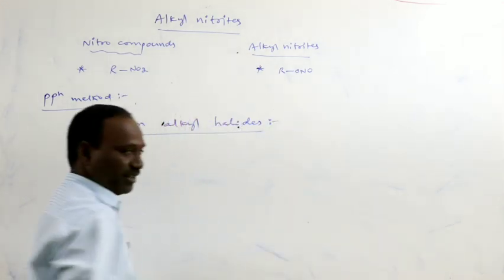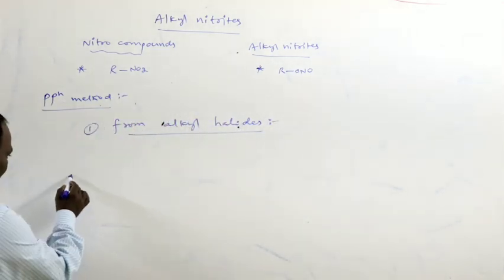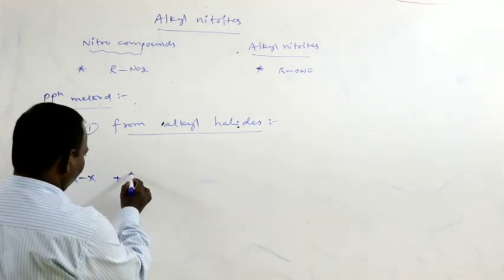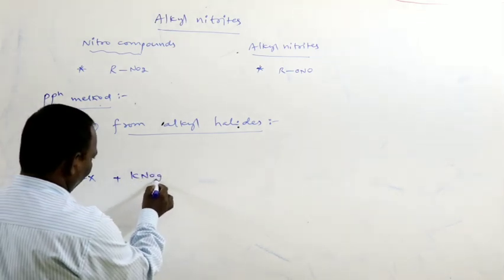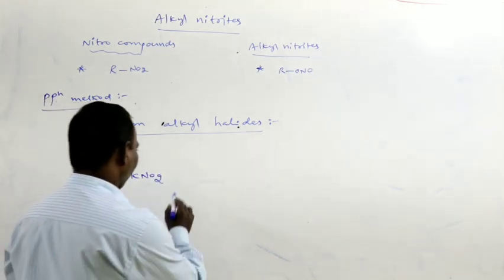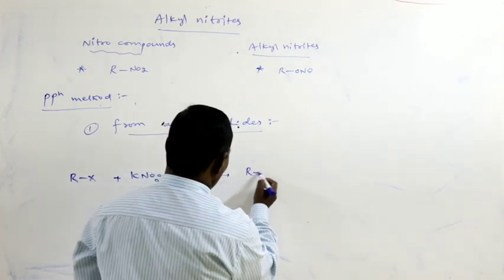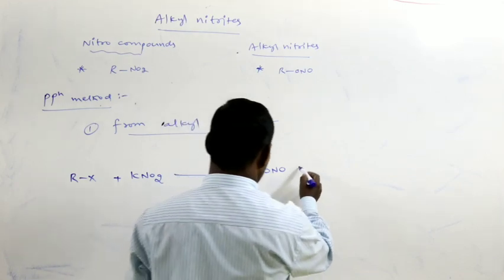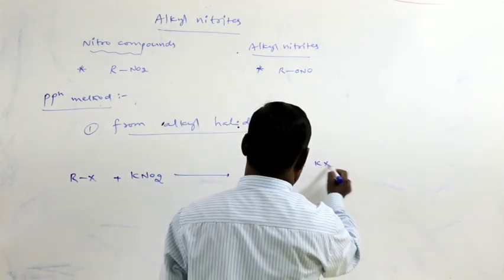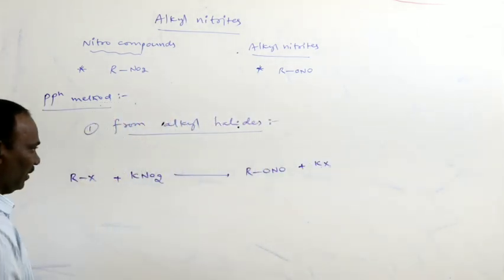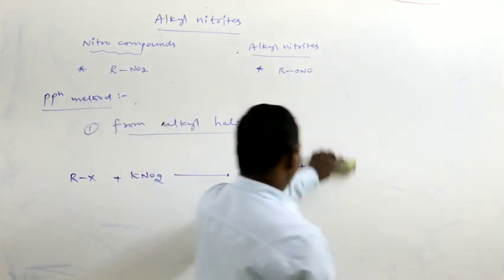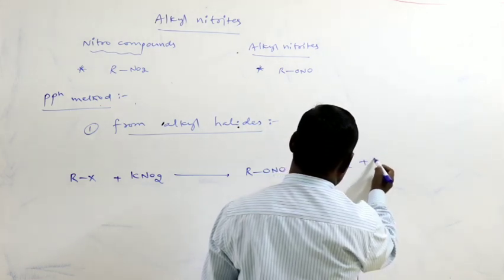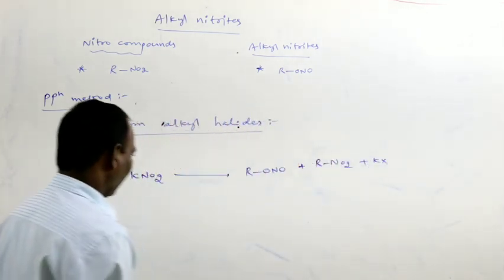Yes, alkyl halide RX on treatment with KNO2, potassium nitrite, gives alkyl nitrites, RONO plus KX, potassium halide. Okay, alkyl nitrites and also nitroalkanes plus KX.